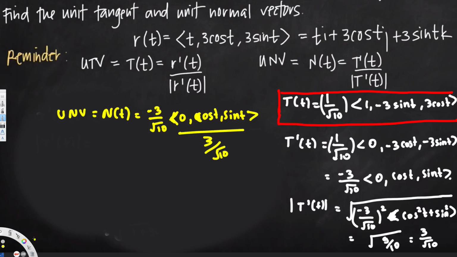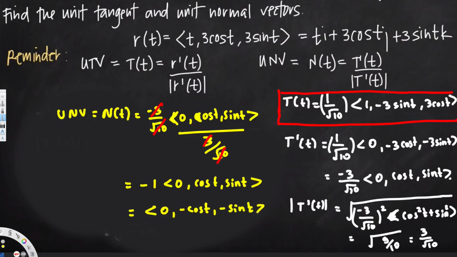You can already see these two cancel, and we have a negative 1 left here. So the final answer is going to be negative 1 times the vector 0, cos t, sin t. We can multiply this negative 1 inside, so that gives us 0, minus cos t, minus sin t, and that's going to be our unit normal vector.